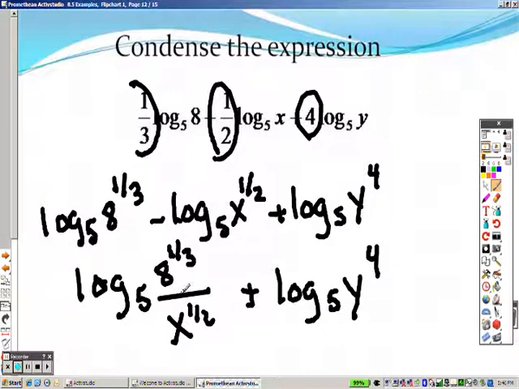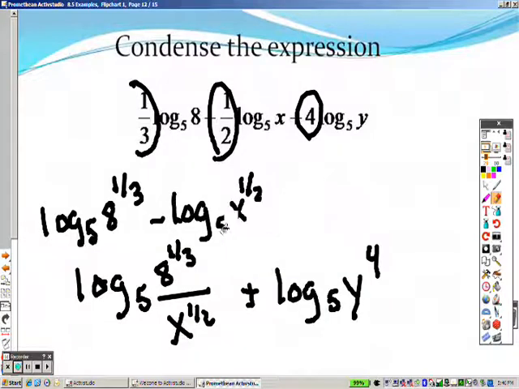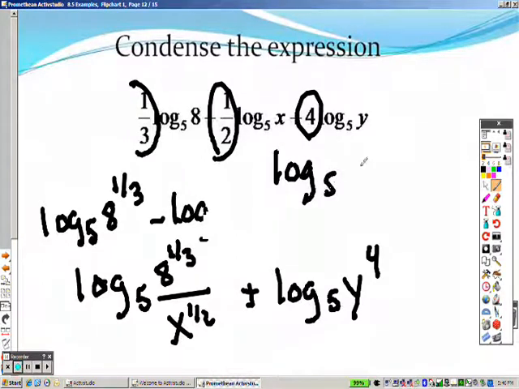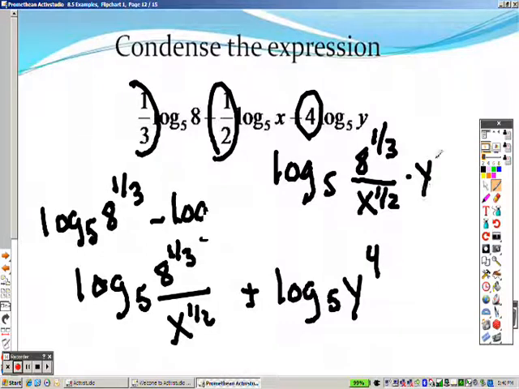Since that's addition, that's now like saying multiplication. So what that means is I can take those two and combine them together. So I end up getting 1 log base 5 of 8 to the 1/3 over x to the 1/2 times y to the 4th.